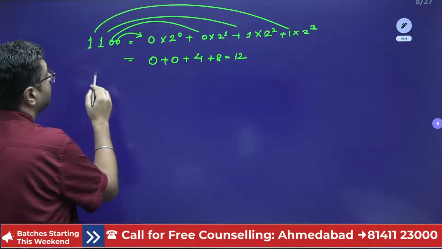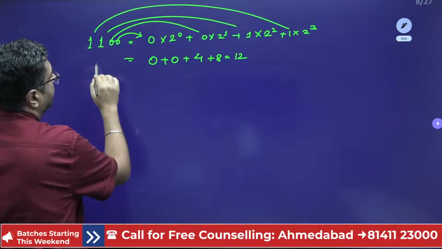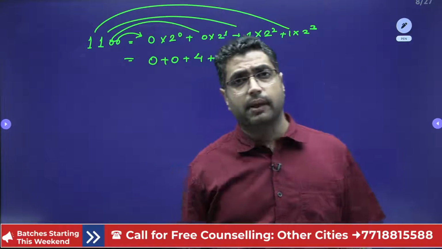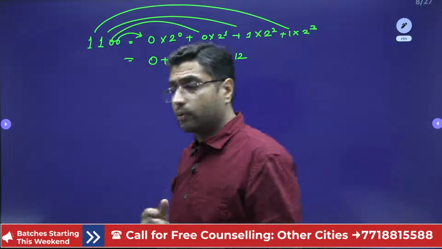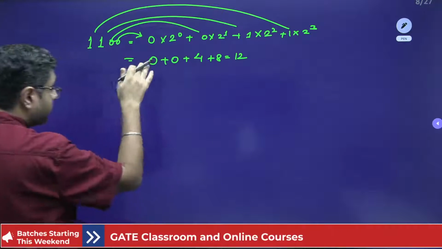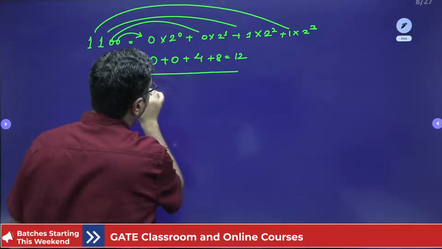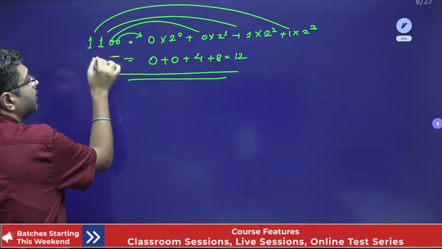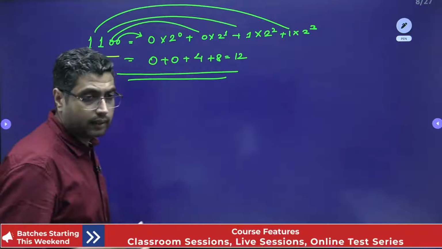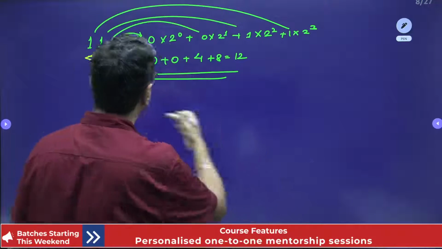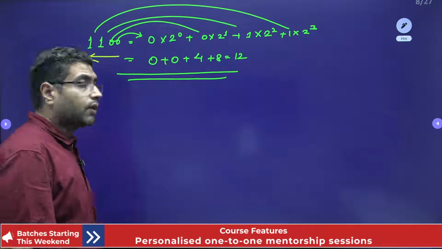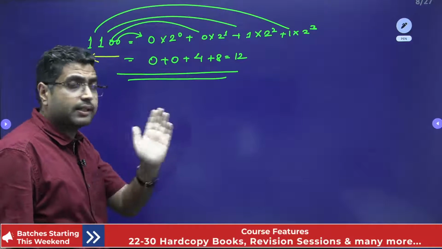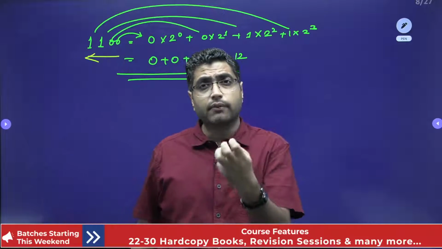So this is one approach of converting a binary number to a decimal number. Now what is the other approach which will be useful in this? This approach is not very useful for us. Why? Because for this approach you have to read the number from the least significant bit to the most significant bit, but this will not be the case in general, because the number will come from the most significant bit.